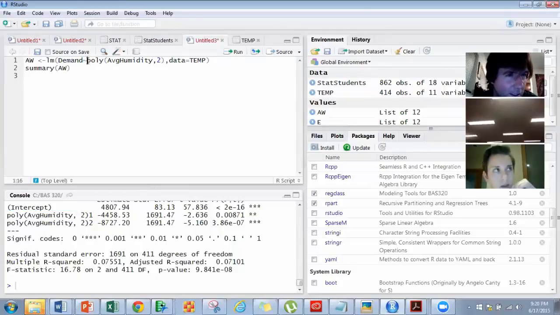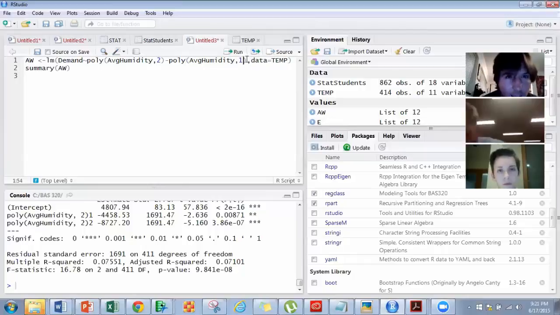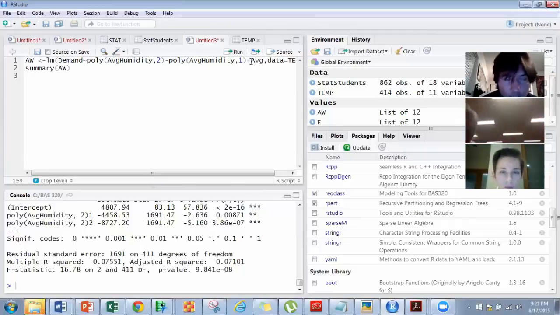there might be a way for me to write this. Let me subtract out. I think I can write this in such a way that it's going to look a little nicer because I don't like that it says that. Let me subtract out poly 1 and then let me add in. I think it might go mad at me.